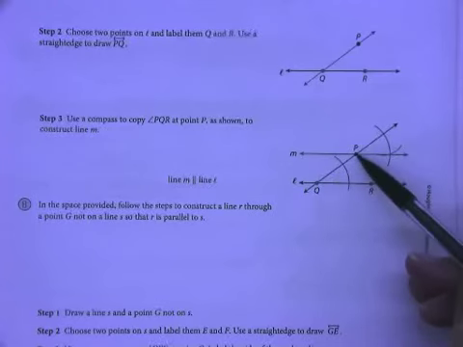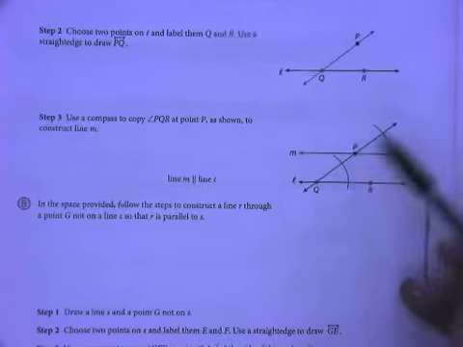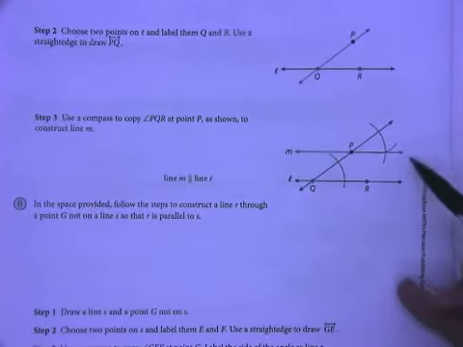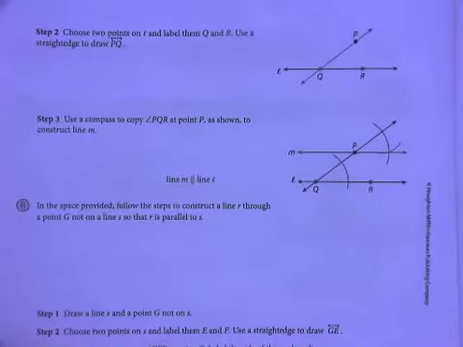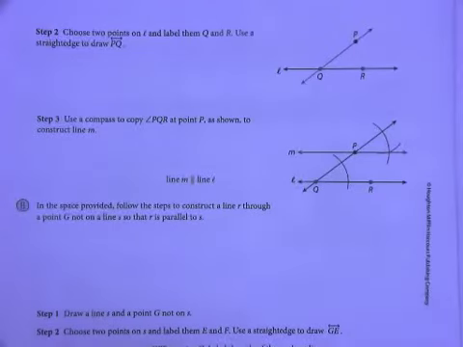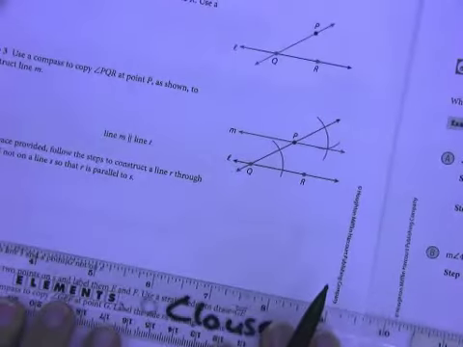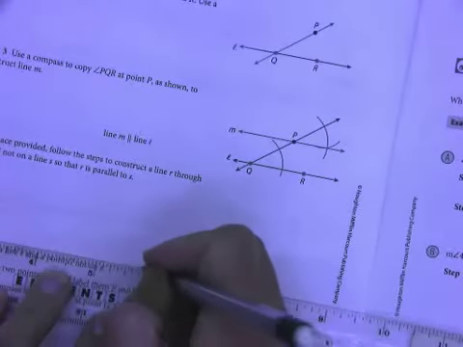Where the process stops being random is when you construct an angle congruent to this angle. There's that construction again, it doesn't go away. An angle congruent to this given angle through this point, and that will give us the parallel lines. Okay, so follow along as I do it on the screen.